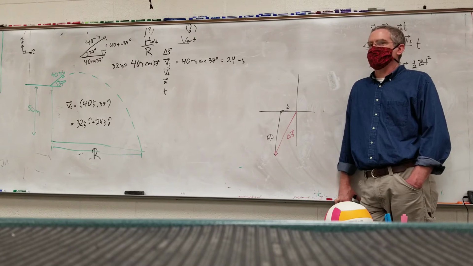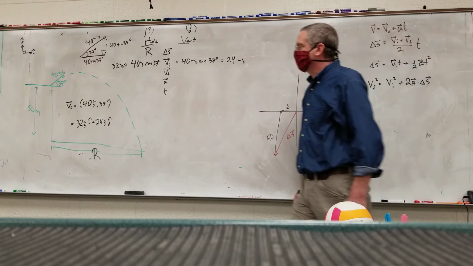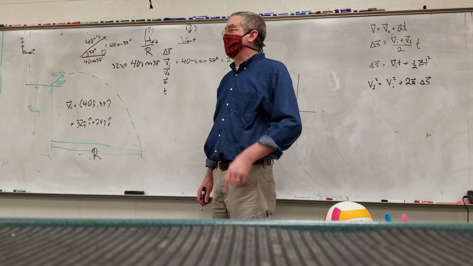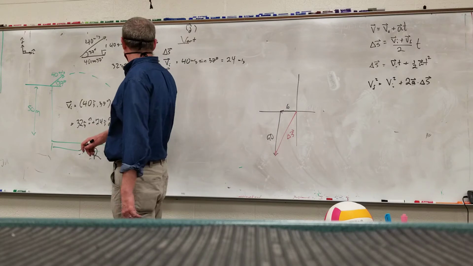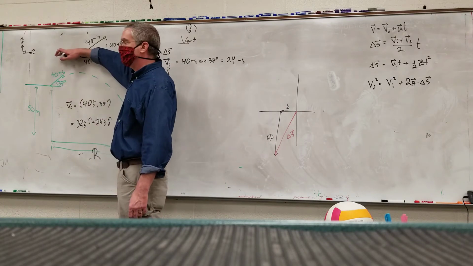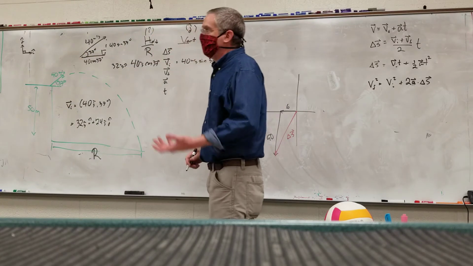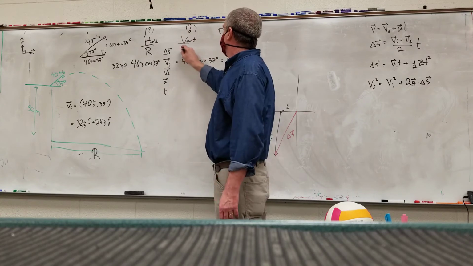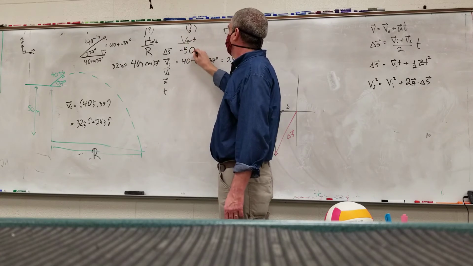I don't care about what happens in between. Negative 50? Oh, my goodness. That's critical. If you say positive 50, you're trying to figure out some information for it to be 50 meters above where it started, and you might get an impossible answer. So this is negative 50 meters.